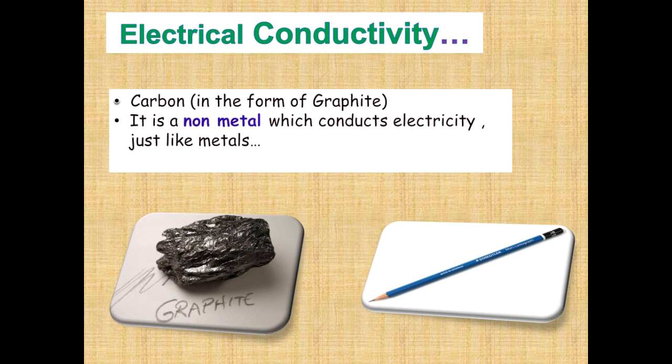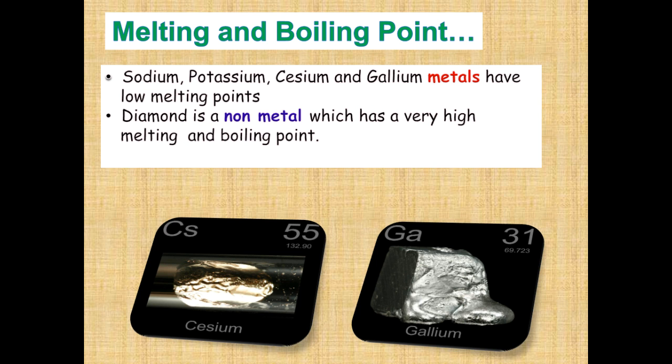Electrical conductivity: carbon in the form of graphite is a non-metal, but it is also a conductor of electricity like metals. When we discuss melting and boiling points, sodium, potassium, and calcium are metals having low melting points. Diamond, which is a non-metal, has a very high melting and boiling point.